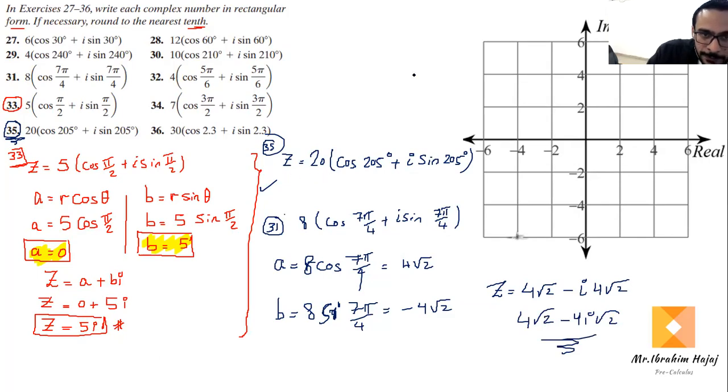Okay, Abdulillah, have you finished this question? Z equals 20 cosine 205 degrees plus I sine. Done? Assalamu alaikum, Mr. Solved. Okay. Walaikum salam, Khalid. How are you? Sorry, but my internet connection is not stable.